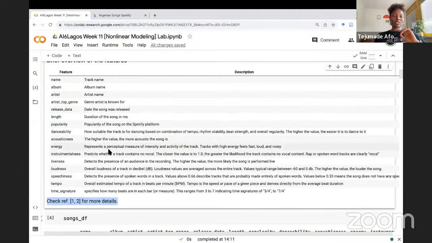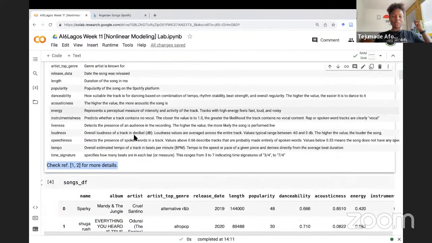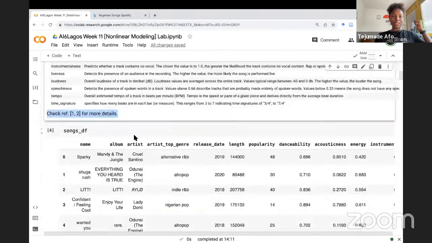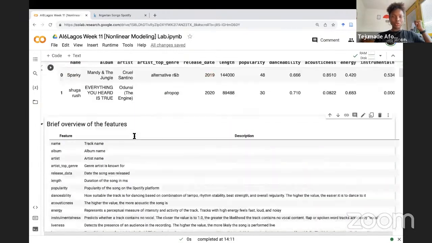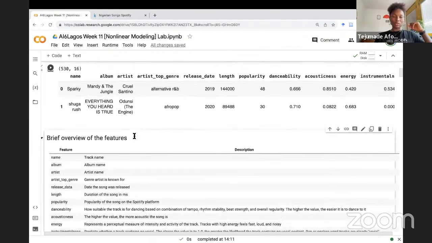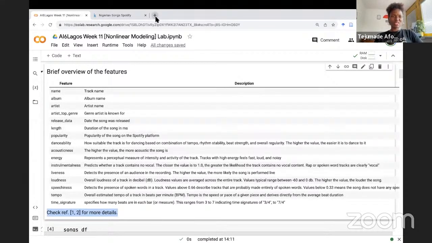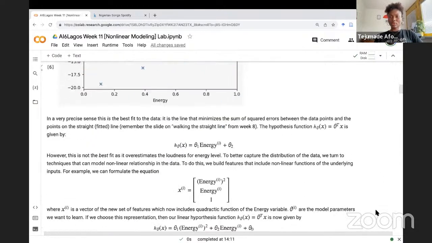And if you still don't understand, you can go to the Spotify web API, which I linked below. Maybe it's useful to click on it since we are on the call.